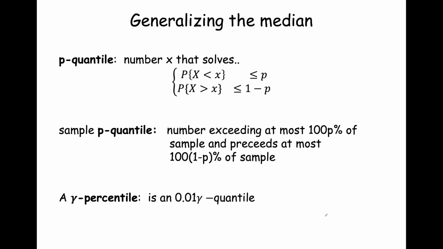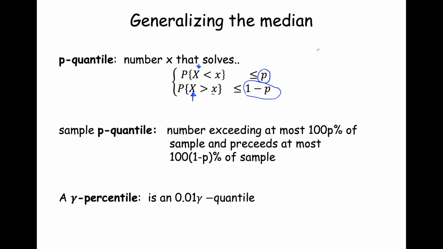So the p part for the p-quantile is a probability, and it is the likelihood that an observation, a random variable X, will be less than that particular number. That probability is no more than p, less than or equal to p. Likewise, for the p-quantile, the probability that an arbitrary observation, random variable X, exceeds that p-quantile x is going to be at most 1 minus p.